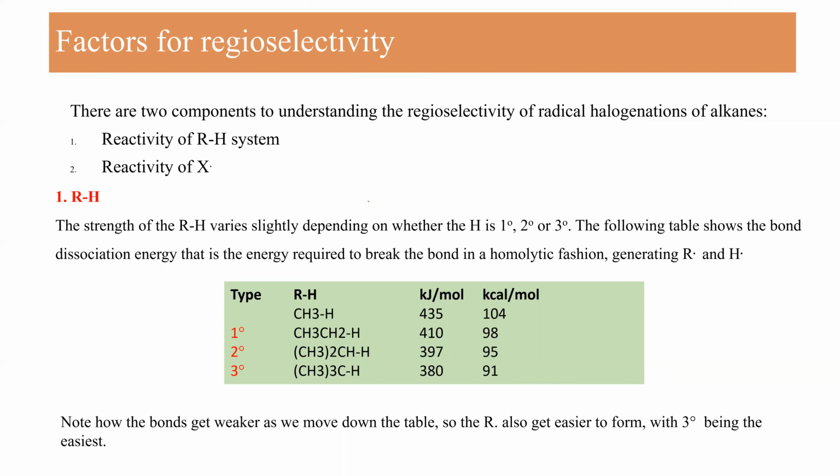The following table shows the bond dissociation energy, that is the energy required to break the bond in a homolytic fashion, generating an R radical and an H radical. And you know what homolytic cleavage is. So I will further refer you to the reaction mechanism of the alkanes in my previous lecture, so you will see the difference between homolytic and heterolytic cleavage, right?